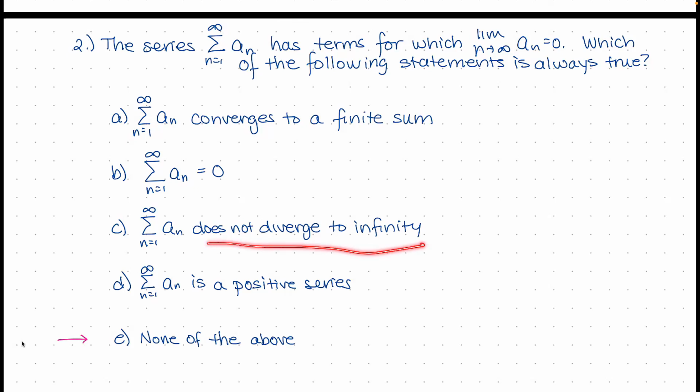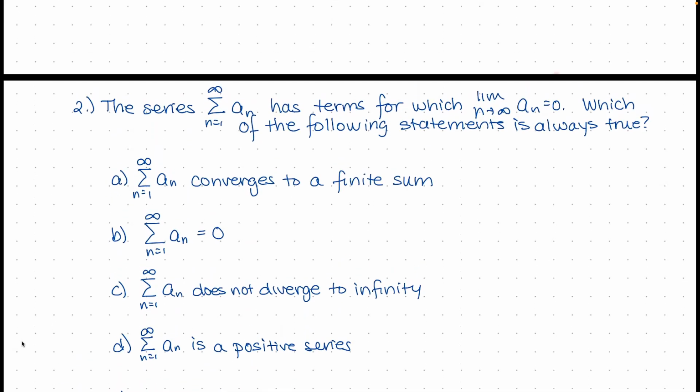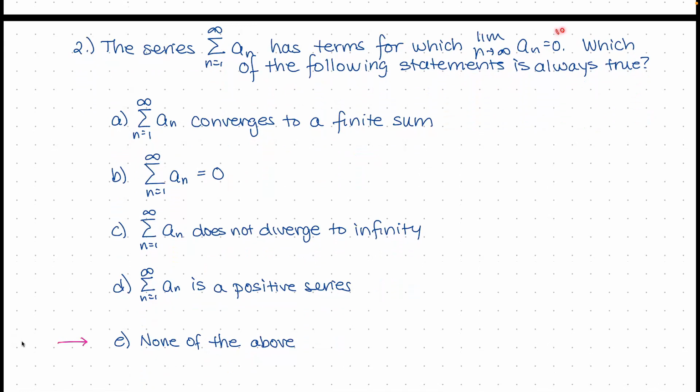As far as this goes, does not diverge. I mean, this could be true, but it doesn't have to always be true. Again, the divergence test in this case isn't going to tell us anything. This series could converge or diverge. We don't know anything based on just this. And you can think about p-series to convince you about that. The terms don't have to be positive. They could be negative. So none of the above.